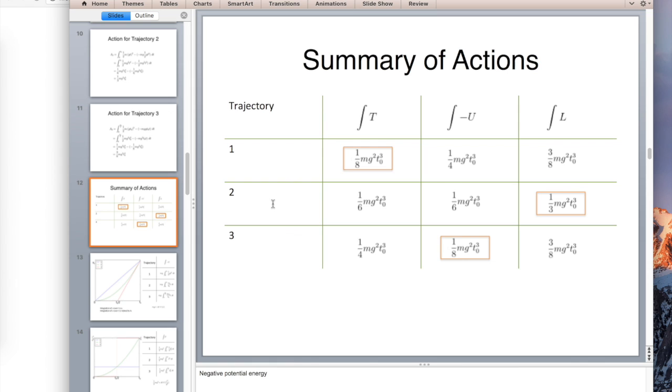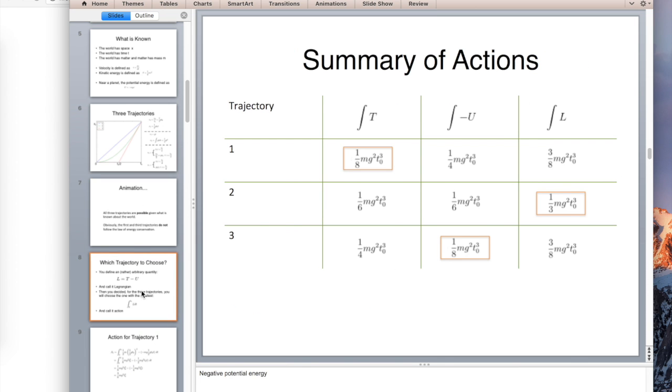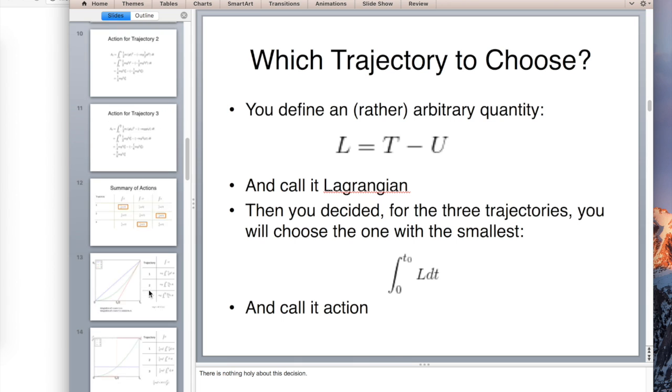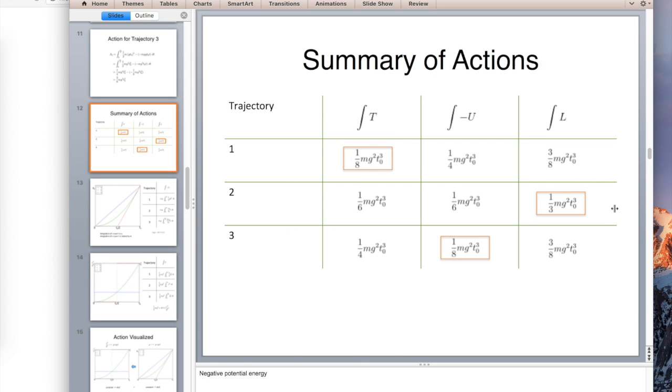For the second trajectory, both its kinetic and potential energy terms are in between the first and third trajectory, but overall, the sum of its kinetic and potential energy terms is the smallest among the three trajectories. So based on the decision we made in this slide, we will choose trajectory 2 as the real trajectory in the world we design.